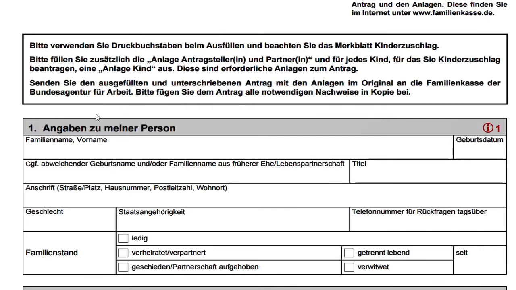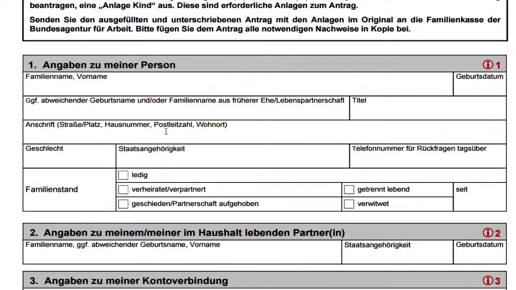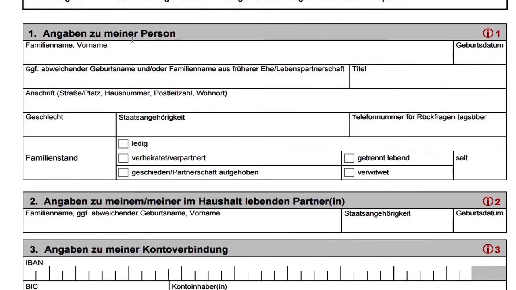Part 1 is about your personal information as the applicant. So you write your last name and first name here, your date of birth here. If you have a maiden name or a last name from your ex-marriage or civil partnership, you should write it here.